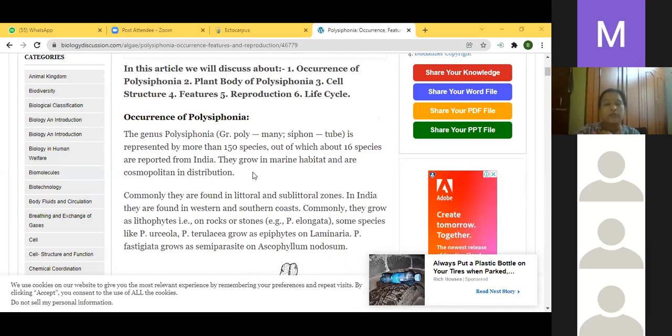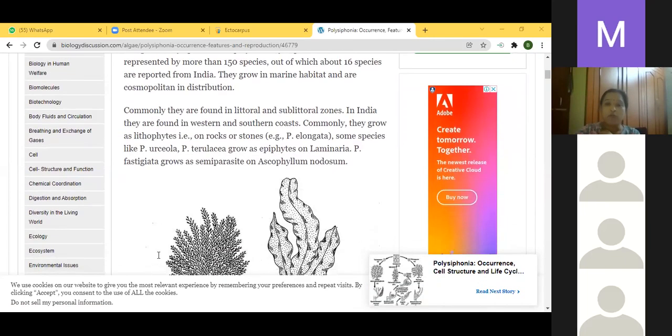They grow in marine habitats and have cosmopolitan distribution. Commonly, they are found in littoral or sublittoral zones. In India, you can observe them on the western and southern coasts where oceans and seas are there.